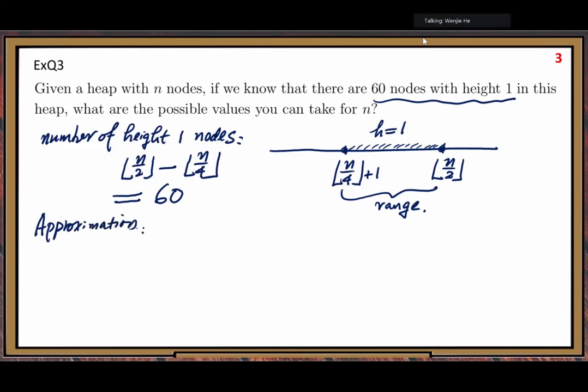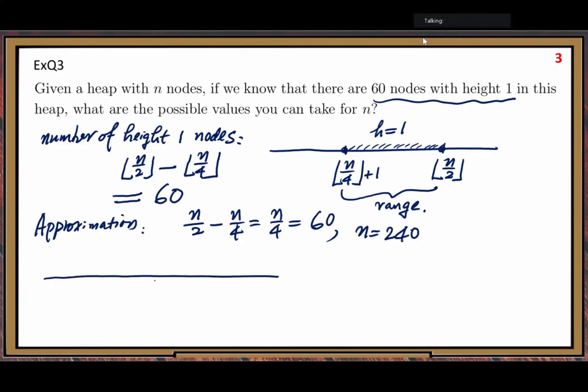We just take away the floor function. n over 2 minus n over 4 is n over 4, equals 60. So we have n equals 240.